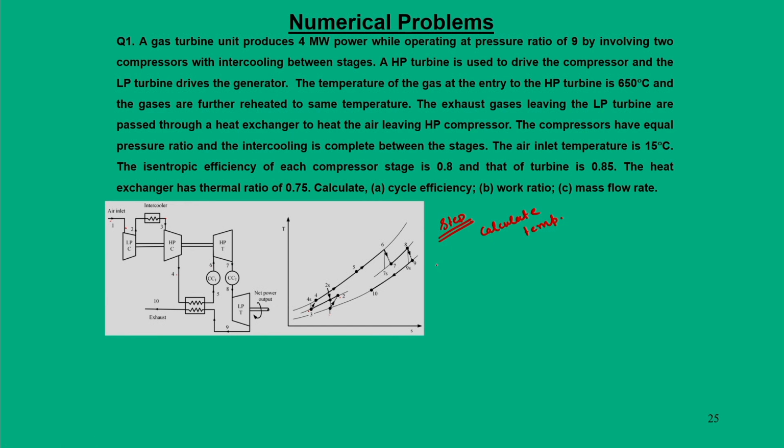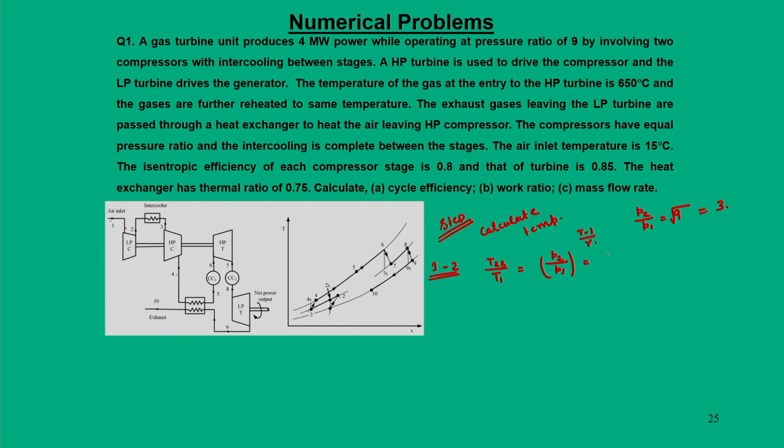The process 1 to 2 is the compression stage. We can write the isentropic relation: T2s by T1 is equal to P2 by P1 to the power gamma minus 1 by gamma. Now, P2 by P1 is square root of 9, because for each stage it is square root of 9, so it is 3.